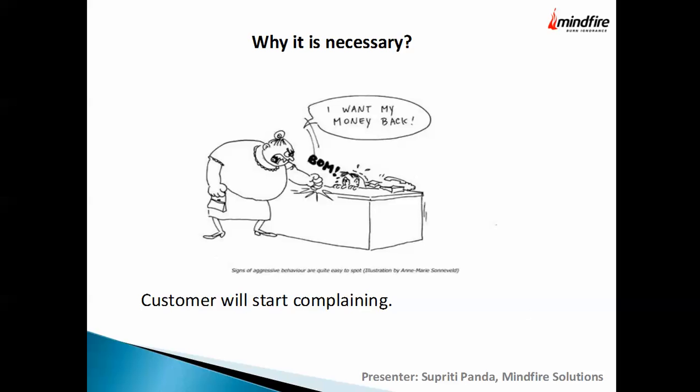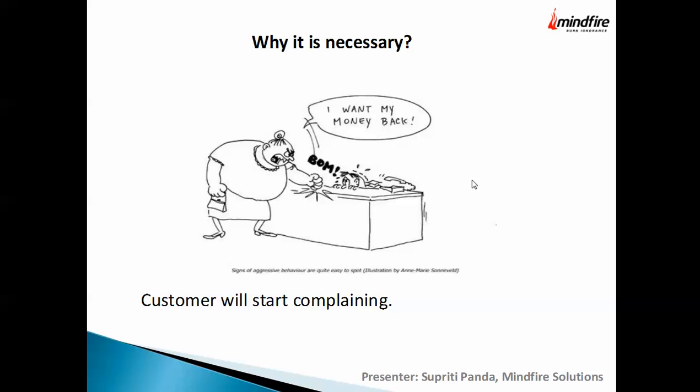The customer will be very angry about that. And obviously the developer or the merchant doesn't know what happened, whether this is because of a power failure or some other issue, you never know.